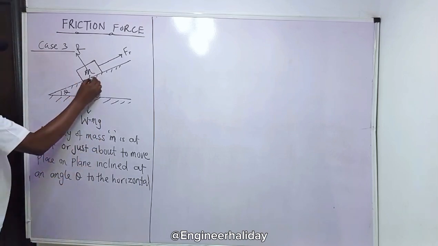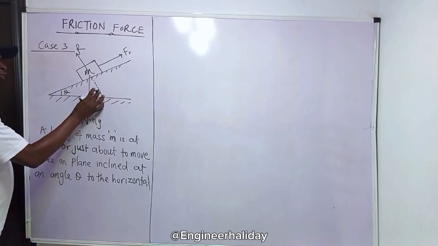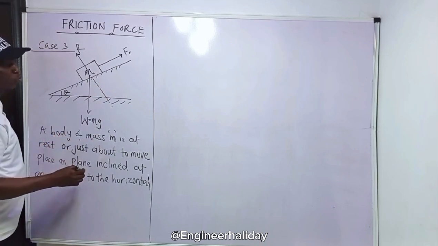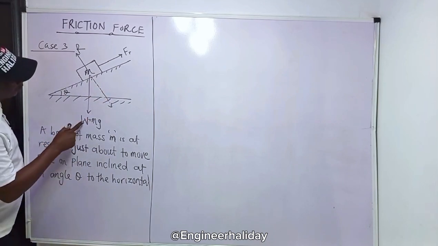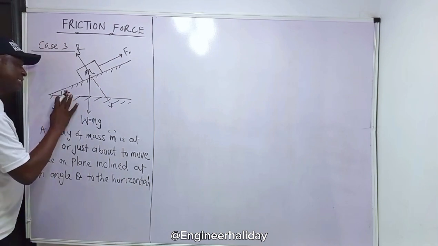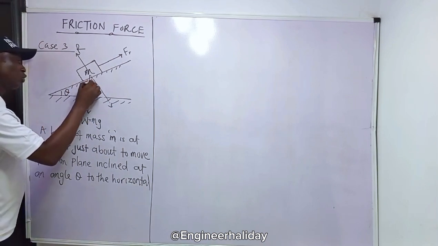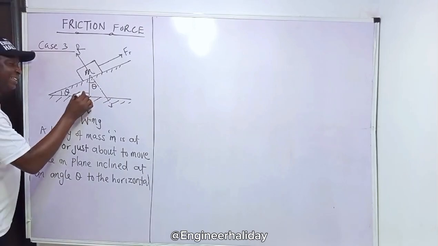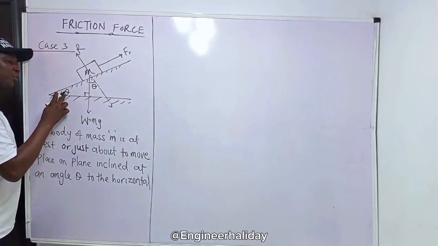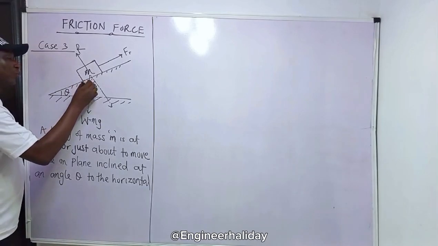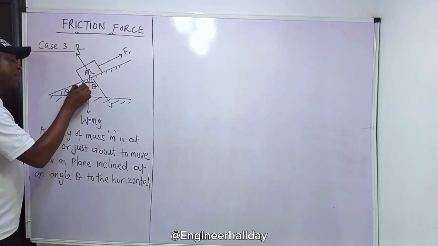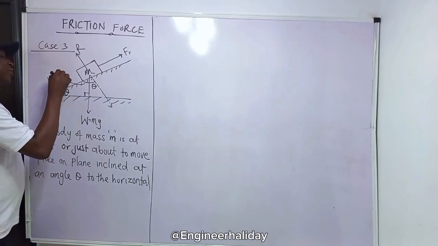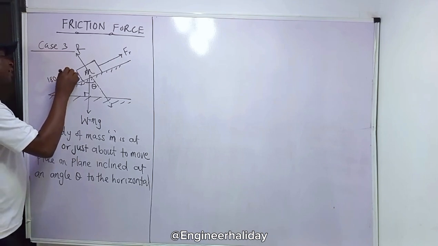Now, we want to resolve the weight into 2 orthogonal directions, that means 2 perpendicular directions. If you resolve this weight, don't forget this angle here is equal to this angle here, because this is 90 degrees. Here will now be 180 minus (90 plus theta).